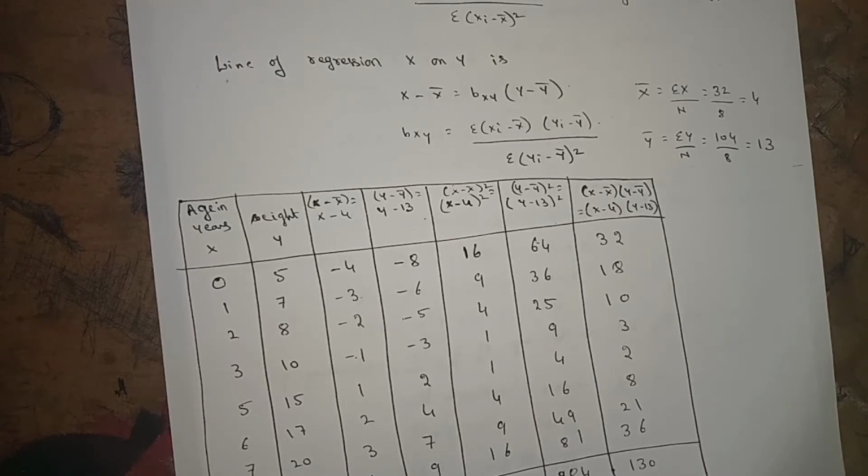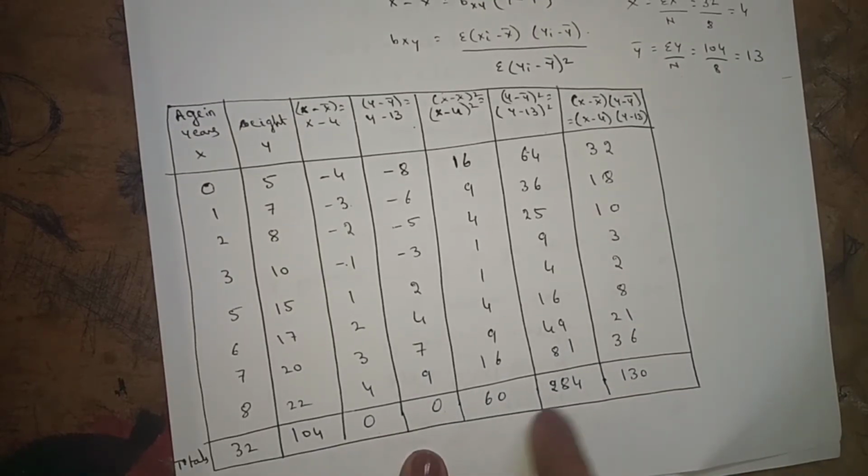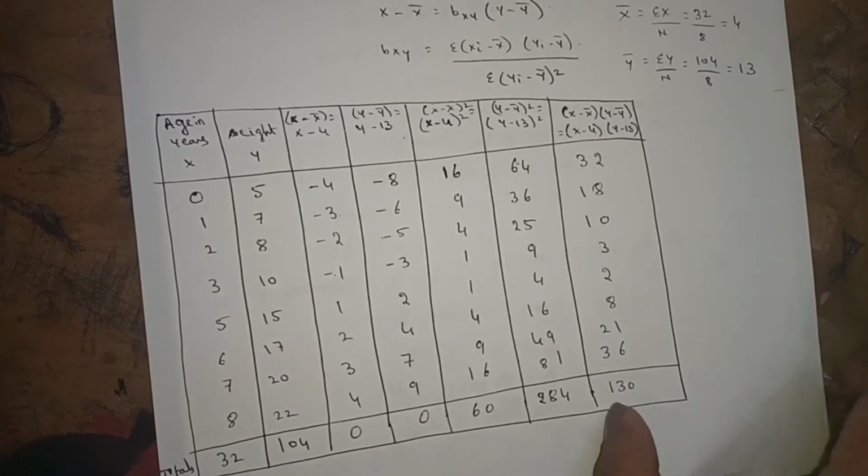Find all three summations: summation x minus x bar whole square, summation y minus y bar whole square, and summation x minus x bar into y minus y bar.